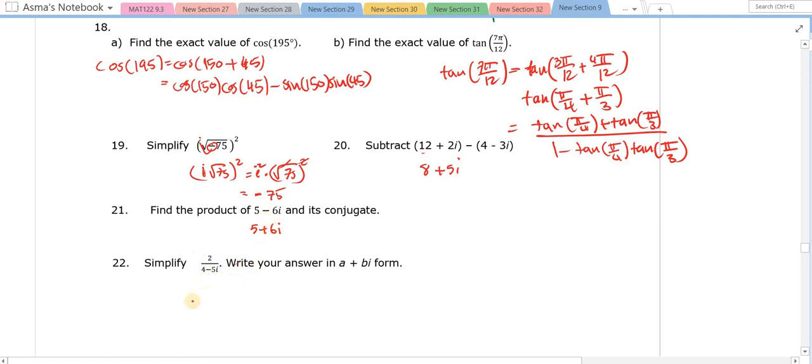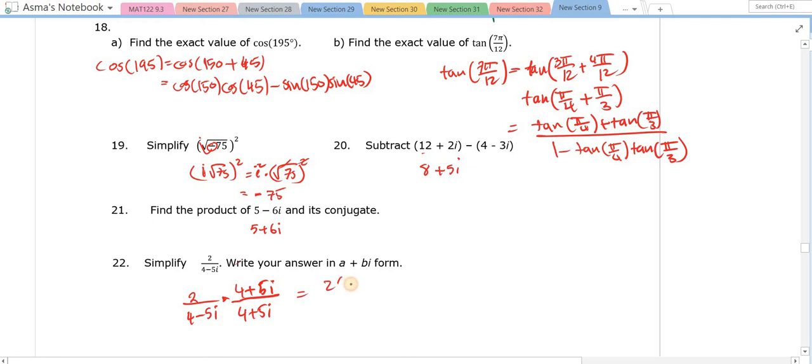To simplify a division problem that involves a complex number, we need to multiply by the conjugate of the denominator, both numerator and denominator. So this becomes 2 over 4 minus 5i times 4 plus 5i over 4 plus 5i.